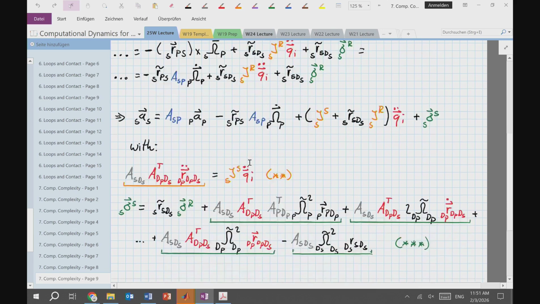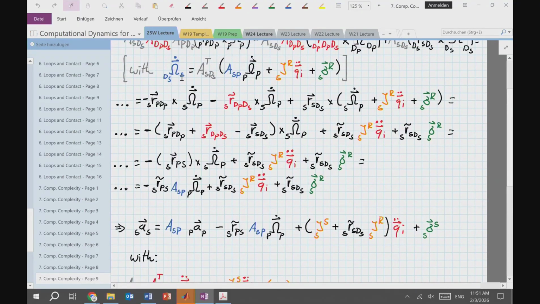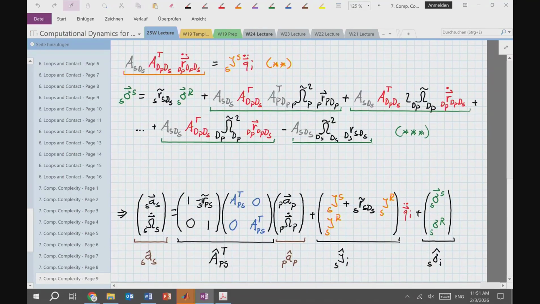Then I can take this expression for translational acceleration and that expression for rotational acceleration, and press it all into a matrix form that I can write as spatial quantities, where the bottom row is the angular acceleration and the top row is the linear acceleration. We can nicely see that this follows a certain pattern: here we see the transformation matrices that I introduced in the last lecture.